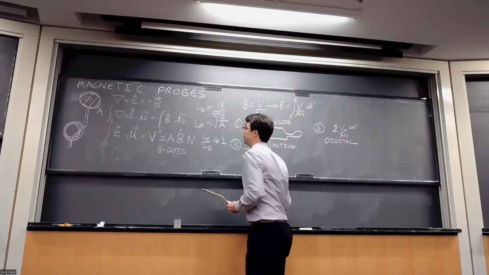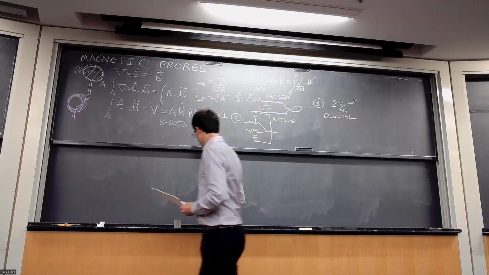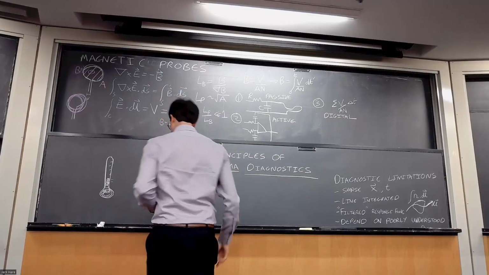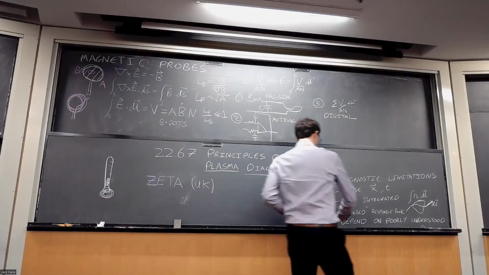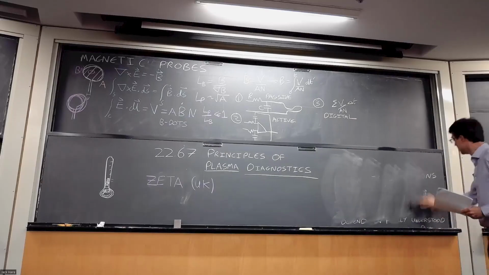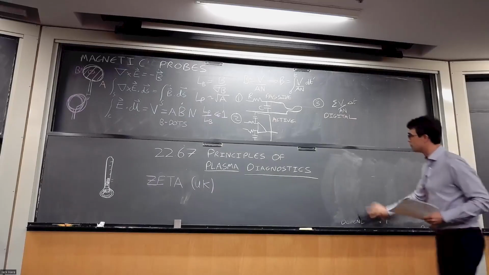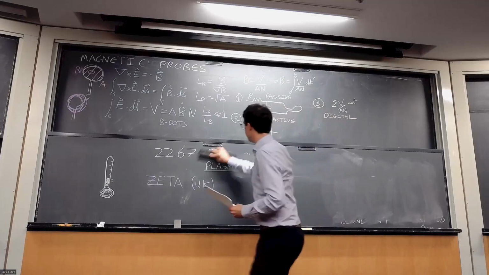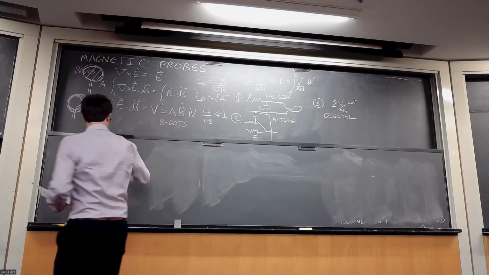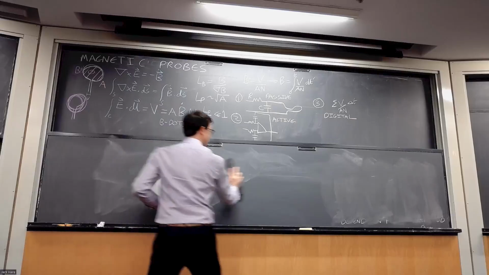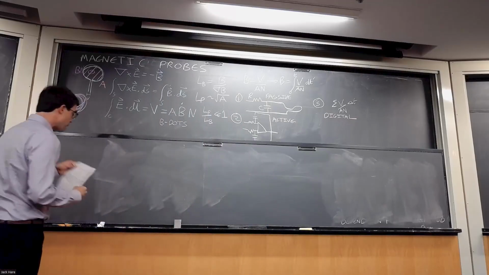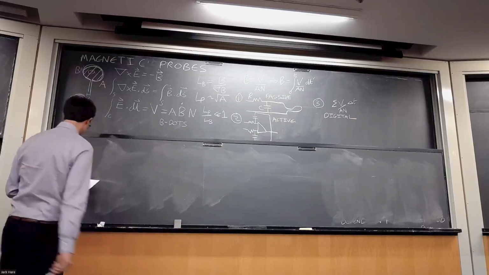Now, you have to be a little bit careful here, because there are other things which can induce a voltage on your probe, other than just the magnetic field. But you only measure the voltage at the end, so you don't really know if something else has come and interfered. But there are some tricks to try and get around that. So let's have a chat about some other voltages that might crop up on your probe that you're not aware of. You could, for example, have some stray capacitively coupled voltage on here.